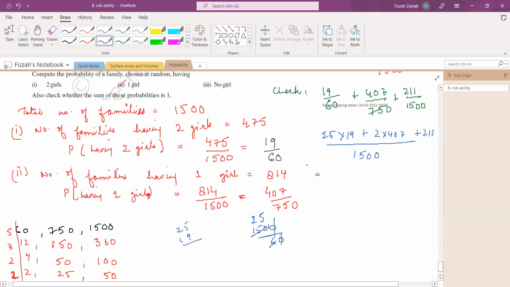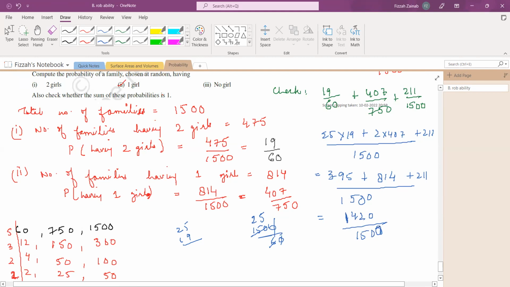Ma'am, 475. Okay, 475 plus 814 and 211 divided by 1500. Now please add the numerator. Ma'am, I'm getting 1500. 1500 divided by 1500.